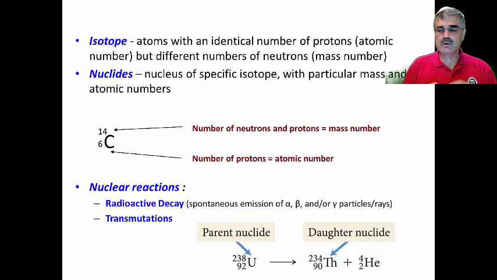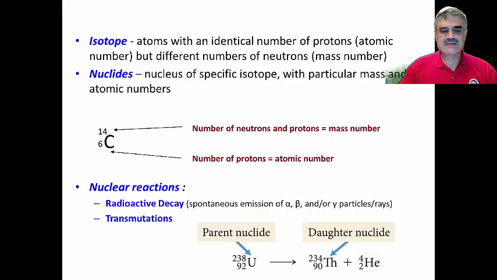But in this chapter, we're going to only focus on the nuclei of elements, and it's immaterial whether they are part of a large molecule or just an atom by themselves or an ion or cation or an anion. So we refer to nuclides in this chapter because we're focusing only on the nucleus.